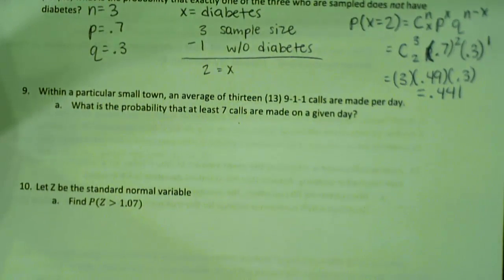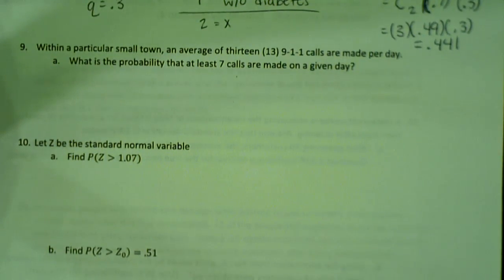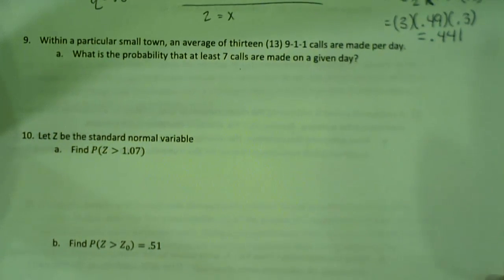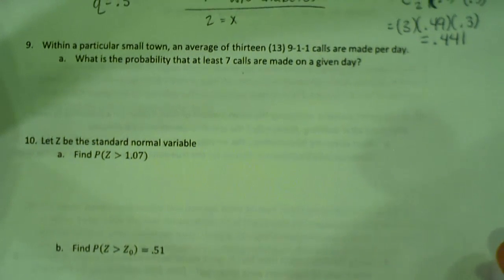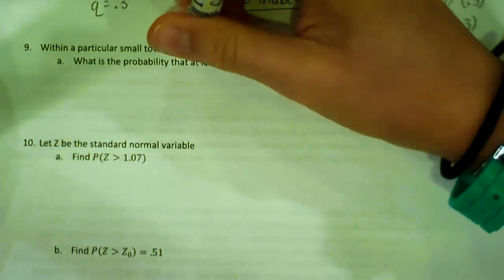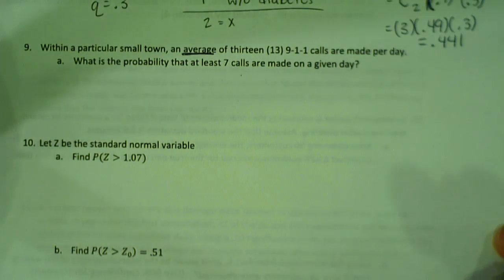All right, so within a particular small town, an average of 13 911 calls are made per day. What is the probability that at least 7 calls are made on a given day? So again, if we're looking at either Poisson or Binomial, what should we know based on what's given in the problem? Yeah, it's Poisson, average. Right?